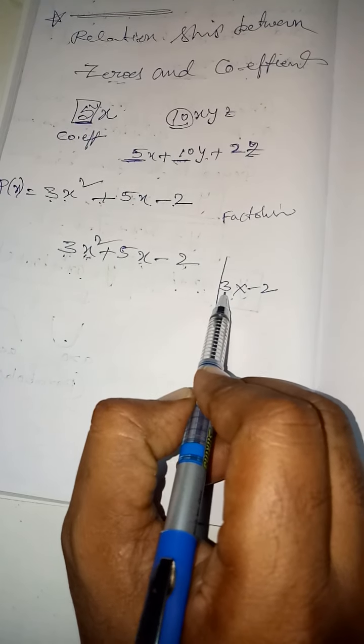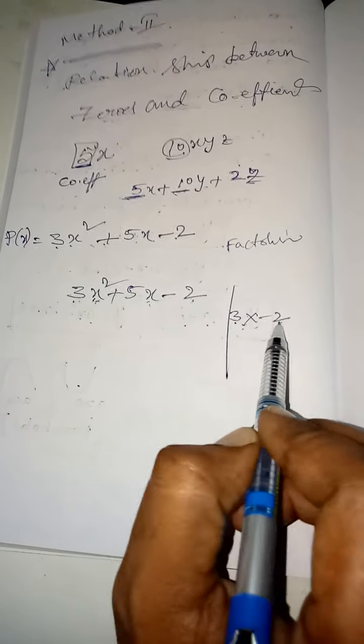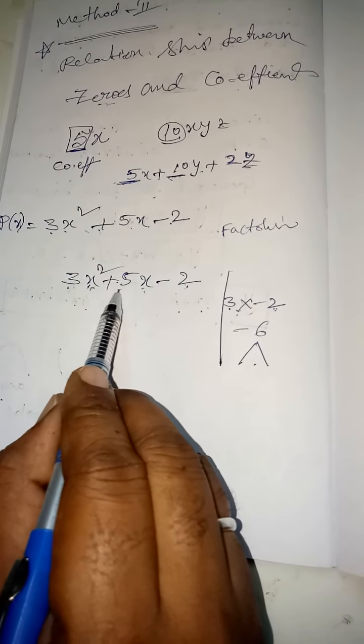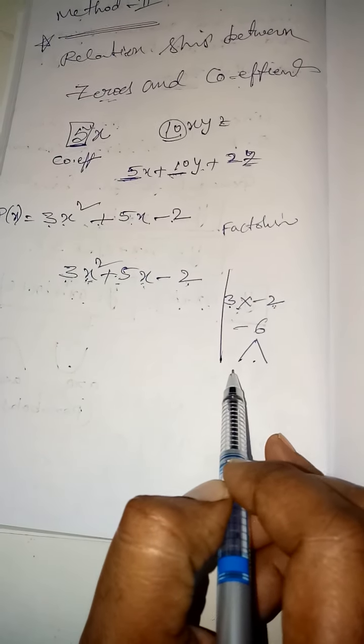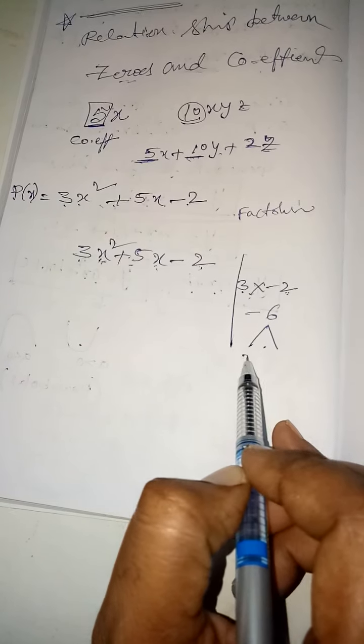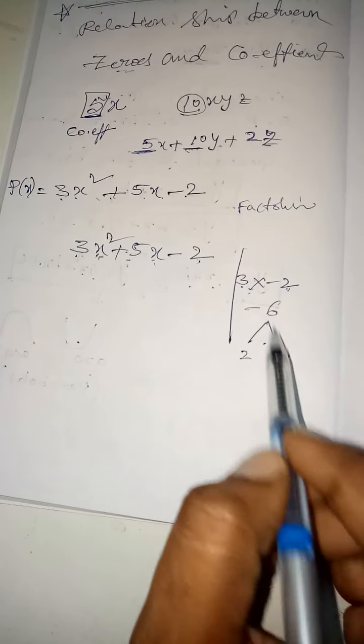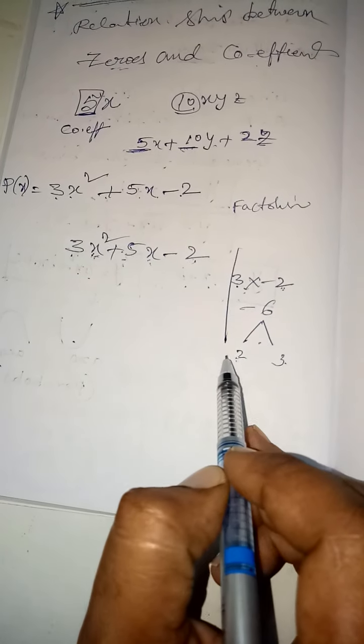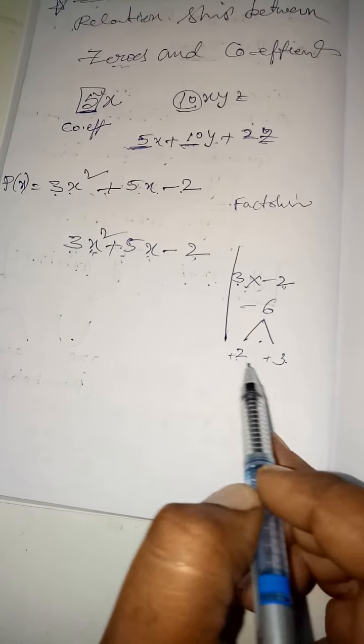So x squared coefficient into constant, 3 twos are 6. What are the factors of 6 here? The required number is 5. What are the factors? 2 threes are 6, 2 plus 3 is 5.